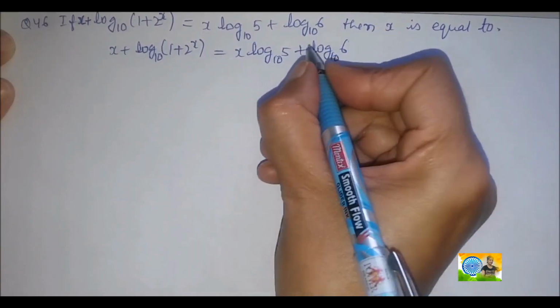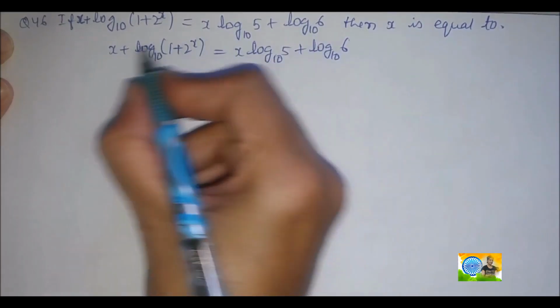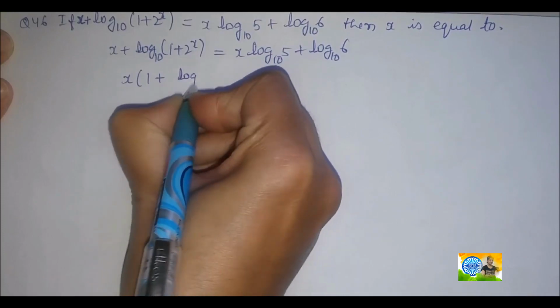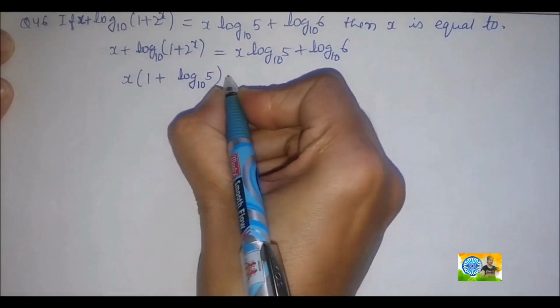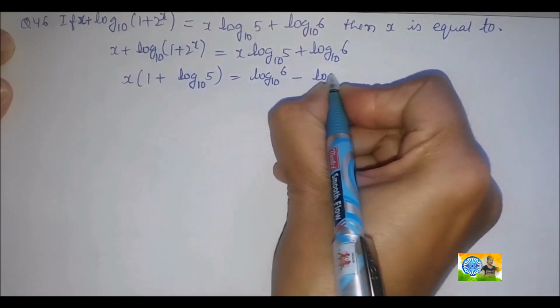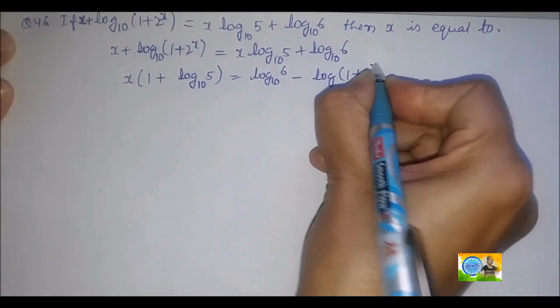Or we can write this as, let us take x together, so this will be x (1 minus log base 10 5) equals log base 10 6 minus log (1 plus 2 raised to the power x).